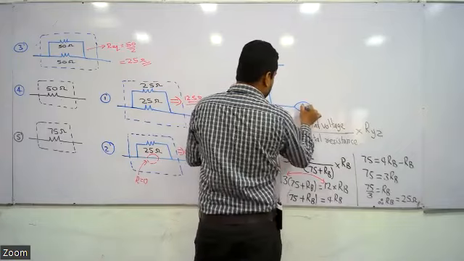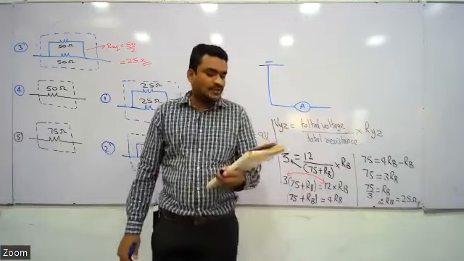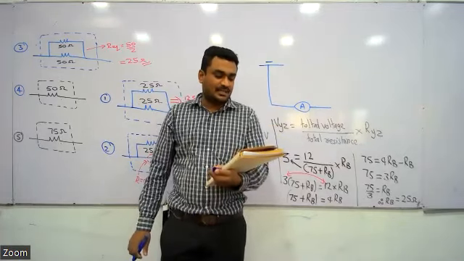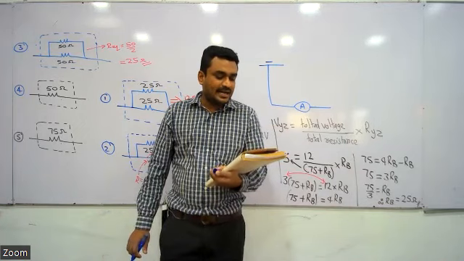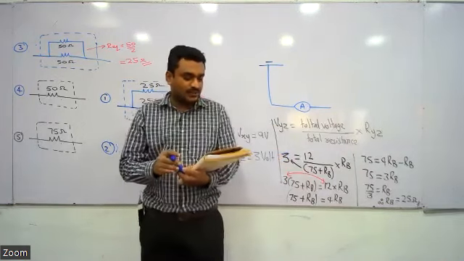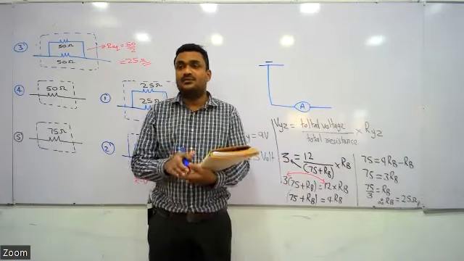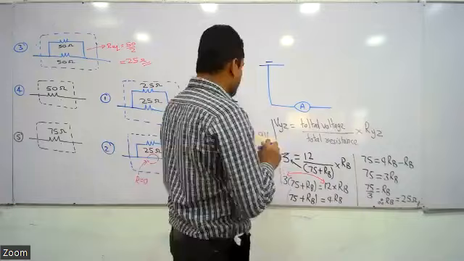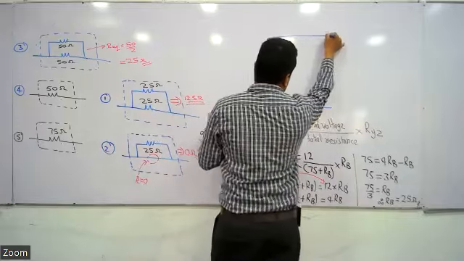What is the question? Let me read. Which pair of graphs? They have given two graphs. Which pair of graphs would correctly represent the variation of capital I and capital V with X? You need the figure to identify what the X is. So there is a coil actually.